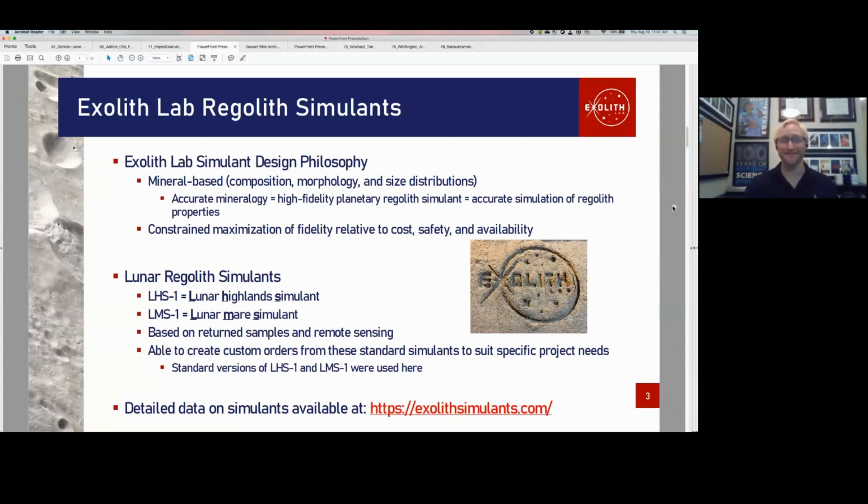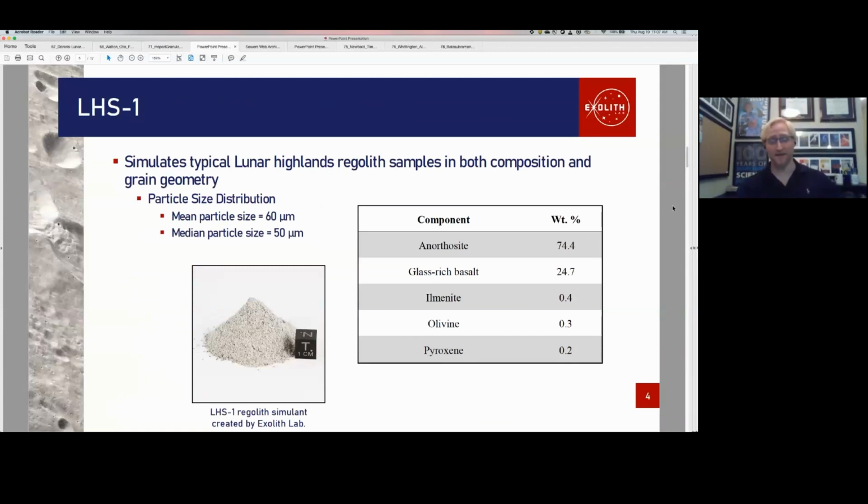Next slide, please. As I said, we used LHS1 and LMS1 here, and LHS1 is our Lunar Highland simulant that is compositionally dominated by anorthosite and glass-rich basalt. This simulant has a mean particle size of 60 microns and median of 50 microns. Next slide, please.